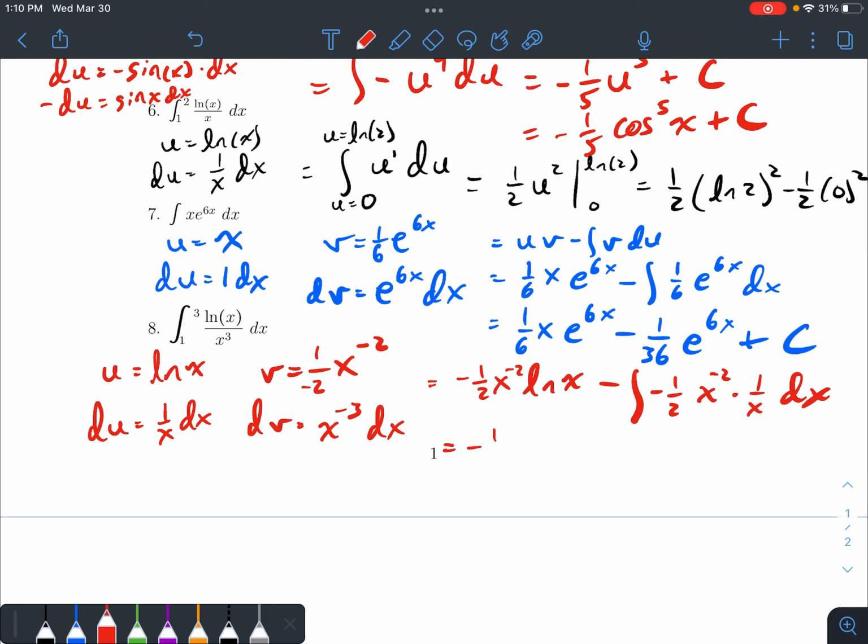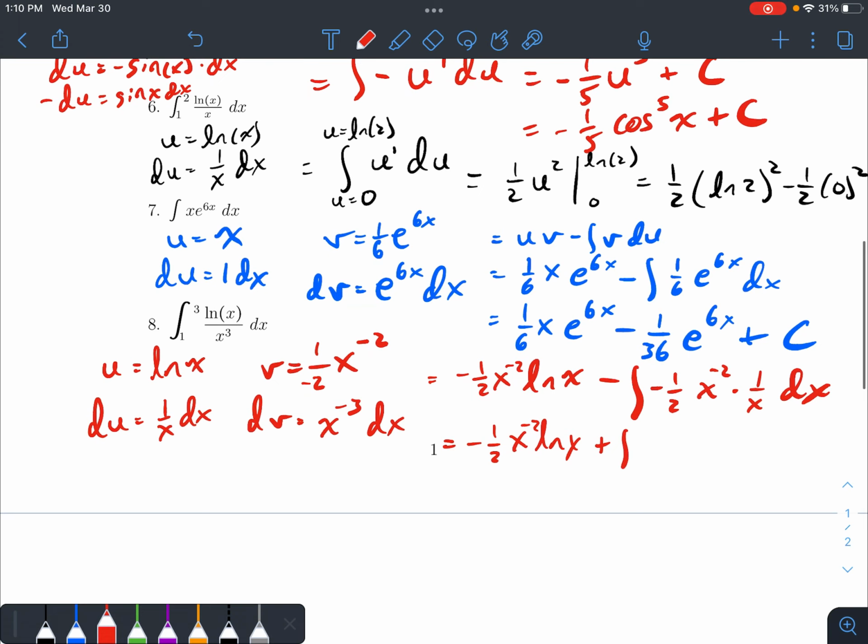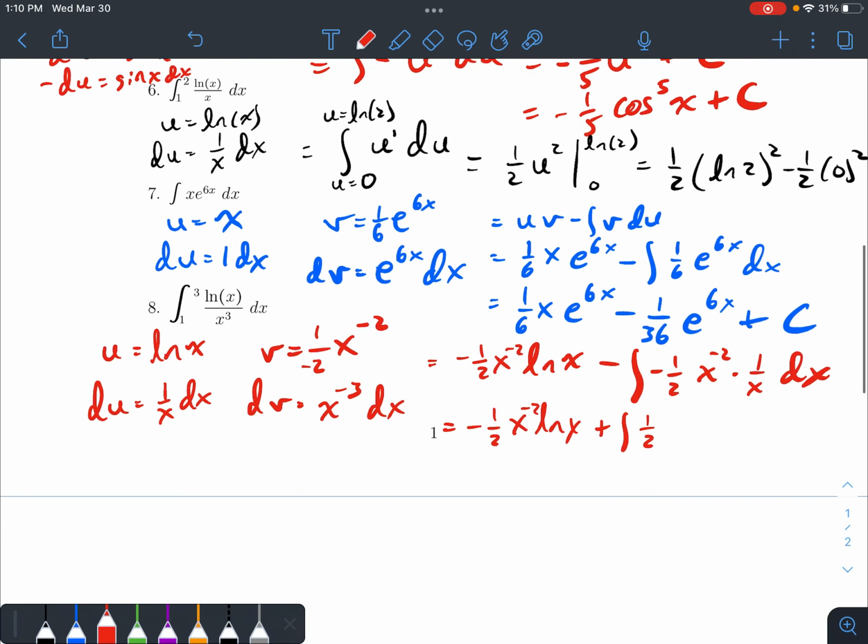So this equals 1/2 x to the -2 ln of x. I'm going to make this plus because the negatives cancel. Plus 1/2, and then this becomes x to the -3. It's x to the -3 because this is x to the -2 and this is x to the -1, so x to the -2 times x to the -1 combines to x to the -3.